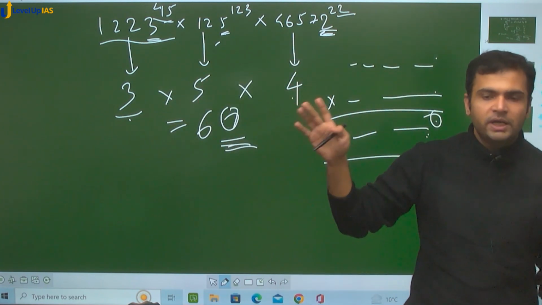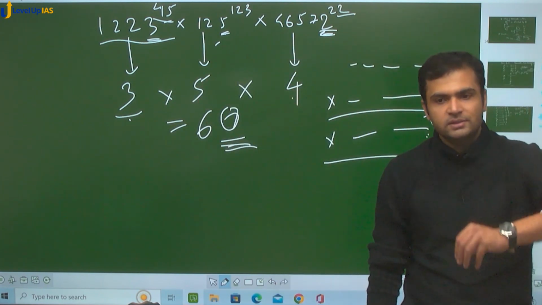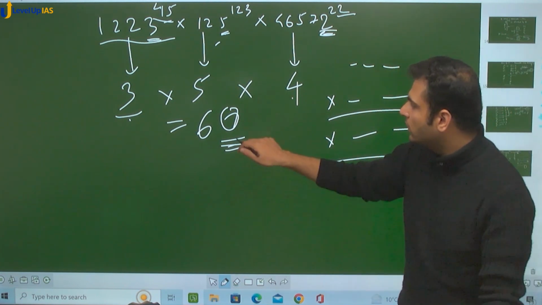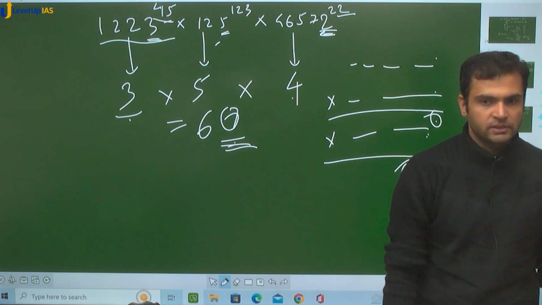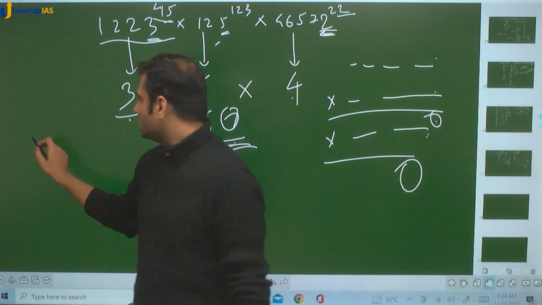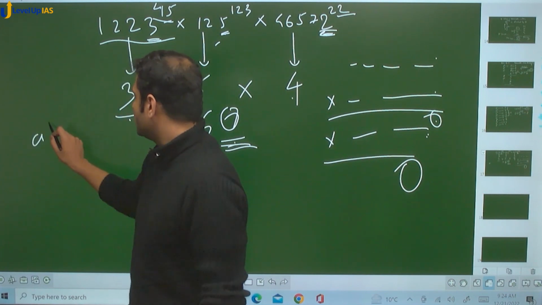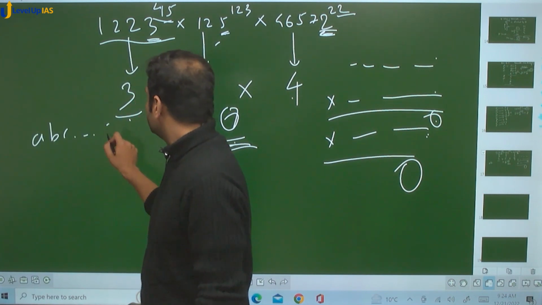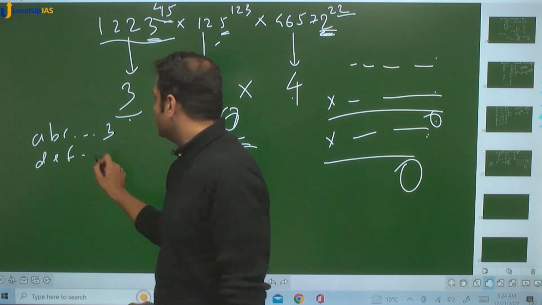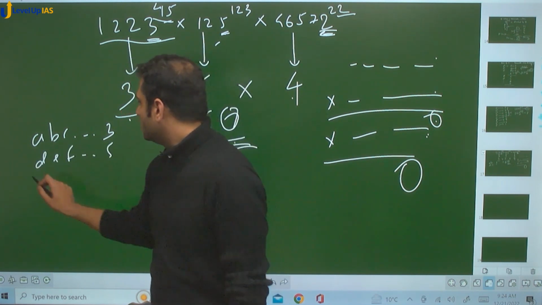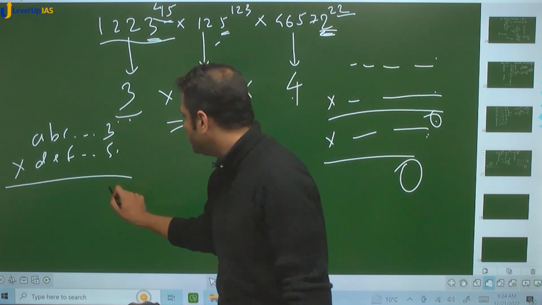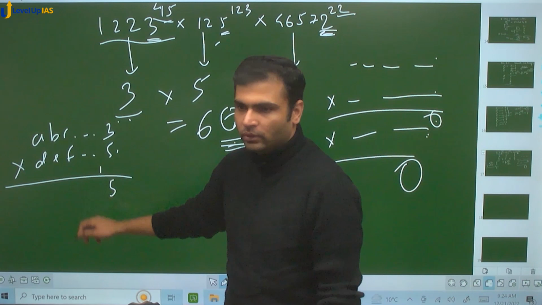So when we multiply those three numbers, units places get multiplied with units places. Rest of the things don't matter when we want to find only the units place. Let us say these numbers are A, B, C, D, something, and at the end you have 3. These are D, E, F, something, and at the end you have 5. You multiply these two numbers, what would be the units place? 5 into 3, 15. There will be some carry forward and so on.